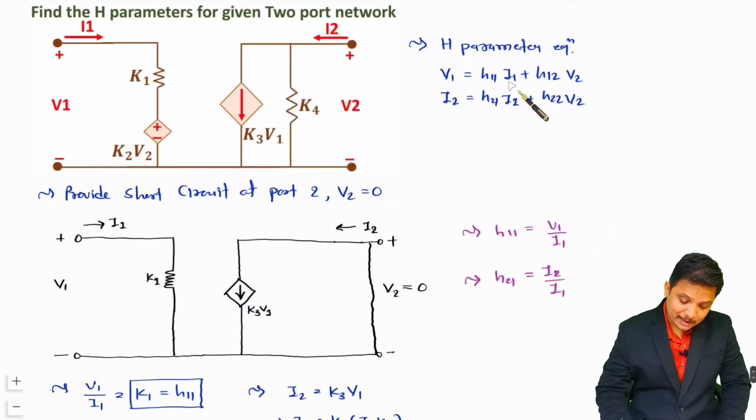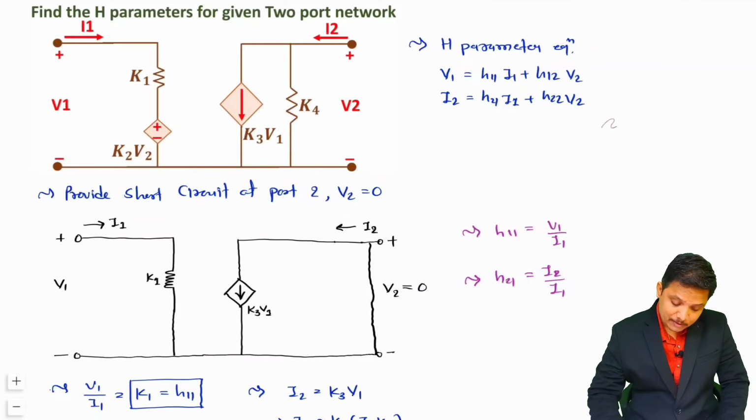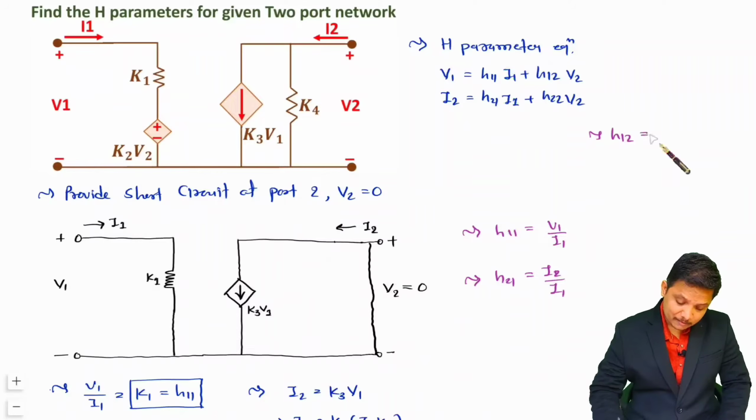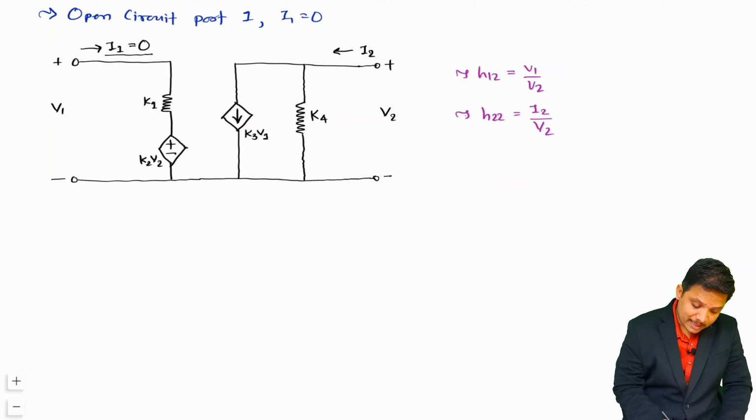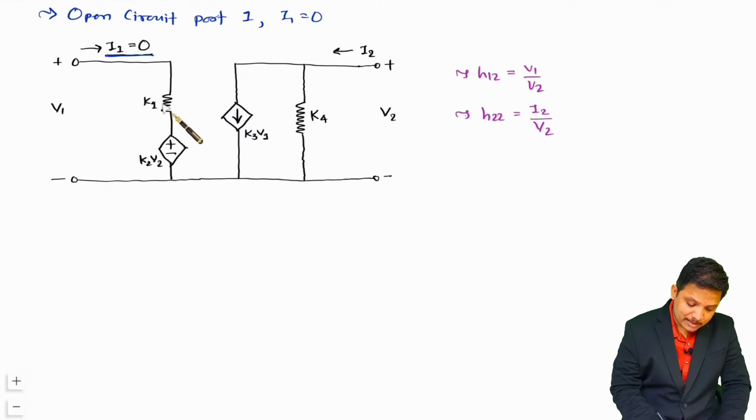So when I1 is 0, H12 will be V1 by V2, and H22 will be I2 by V2. So for your reference, I am keeping this equation over here, right. Now you see I1 is 0, so the potential across this resistor will be 0.